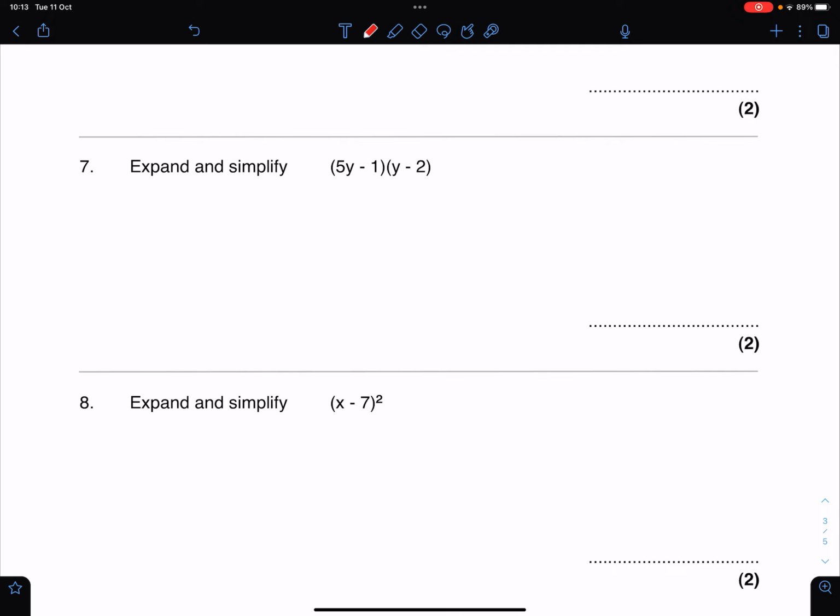Question 7 also, I need to multiply 5y by y. What is this? 5y squared. I need to multiply 5 by negative 2. Negative 10y. I need to multiply negative 1 by y. What is it? Negative y. Negative 1 times negative 2?